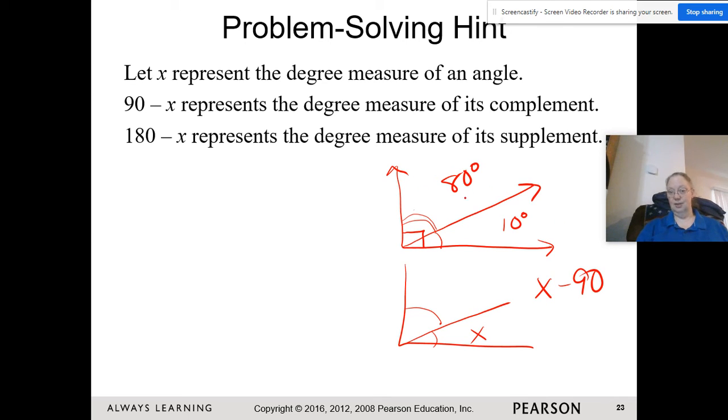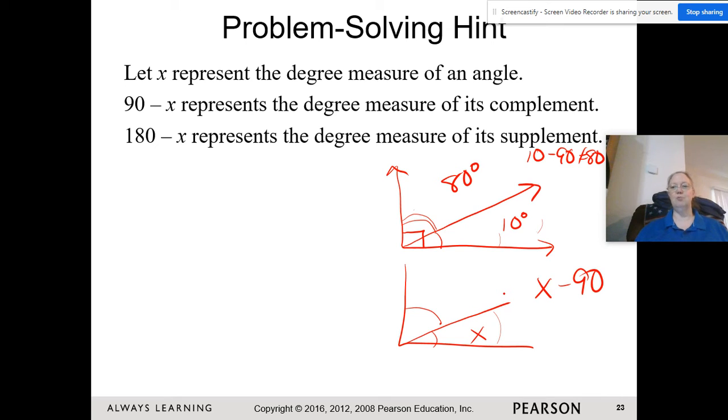Let's look at this first example that we did. Right here's x, so here's my 10. If I were to do x minus 90, I would not get 80. 10 minus 90 does not give me 80. You have to go the other way around.